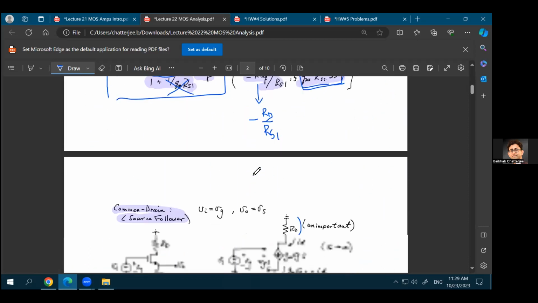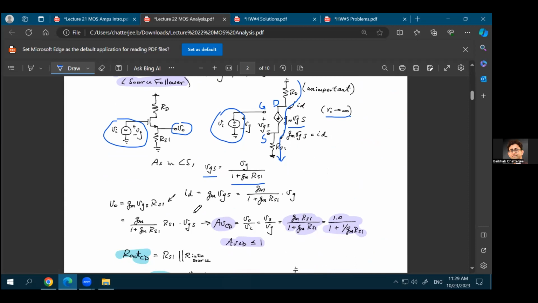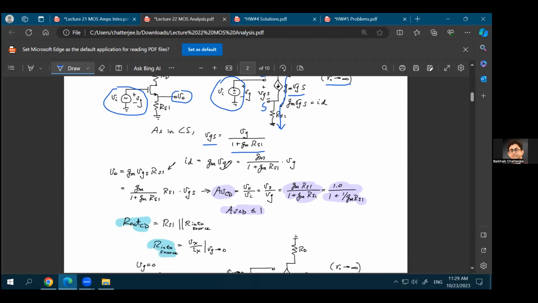So that part of the calculation will be exactly the same. Now you know that ID is equal to GM times VGS, and because you know the value of VGS, you can replace it over here. You can write ID to be equal to GM divided by 1 plus GM RS1 times VG. Again, something that is exactly equal to the previous scenario.